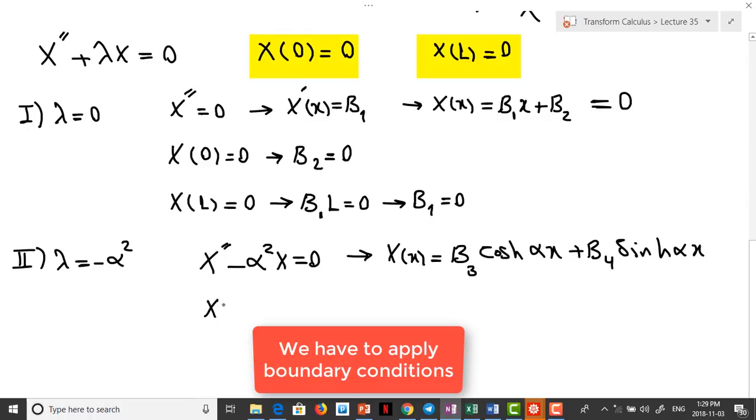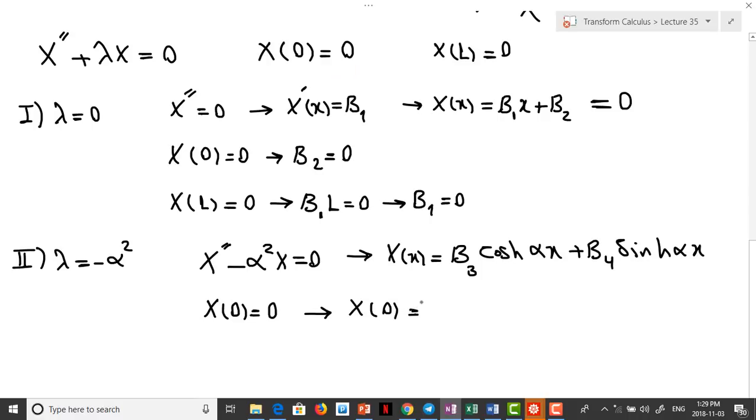So we have X of 0 equal to 0. X of 0 is equal to cosine hyperbolic of 0, which is 1. So we have b3 times 1, and sine hyperbolic is equal to 0. So it means that b3 should be equal to 0.